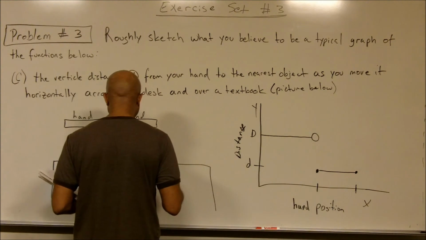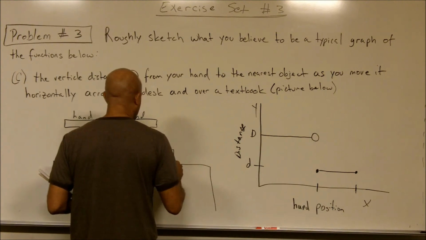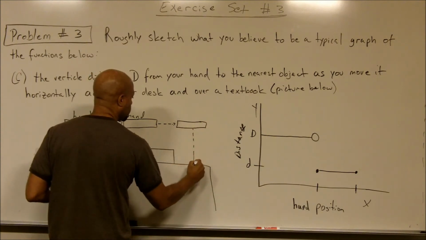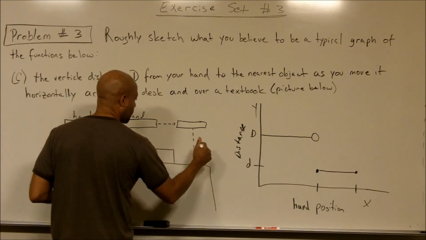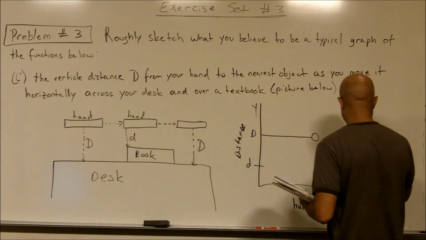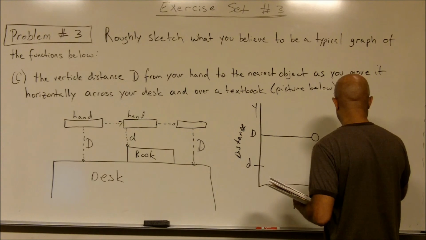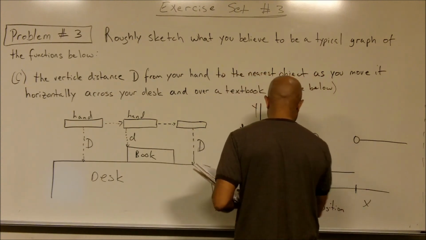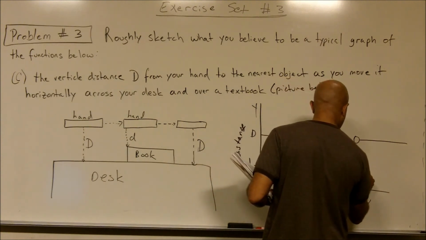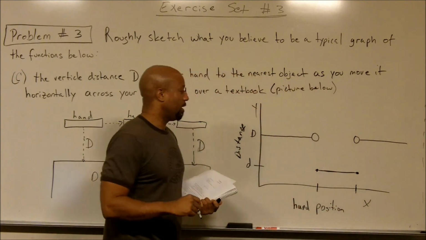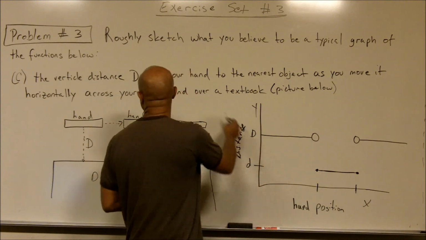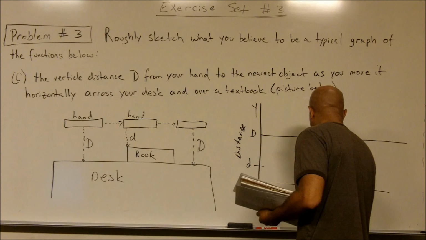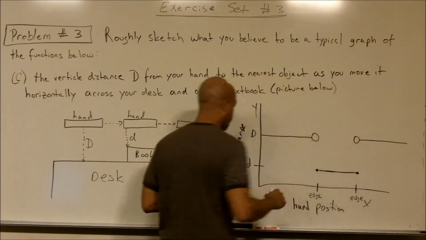And then as we move our hand again across the desk, the distance to the closest object again becomes capital D. So this will be the plot for this particular function in part C, and we could label this as the edge of the book if we wanted to be more detailed.